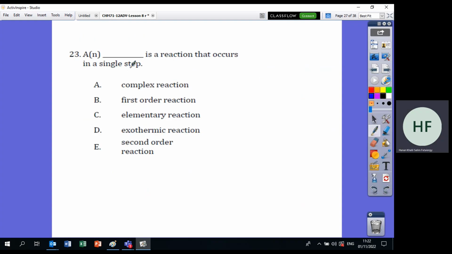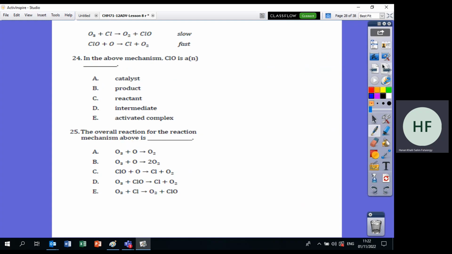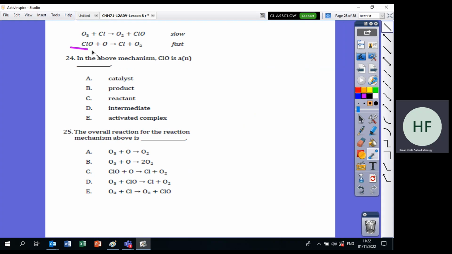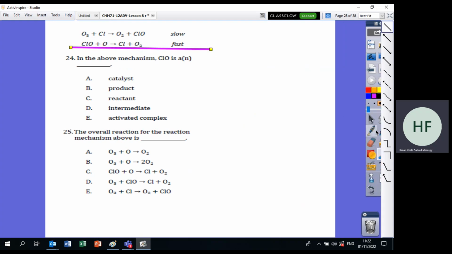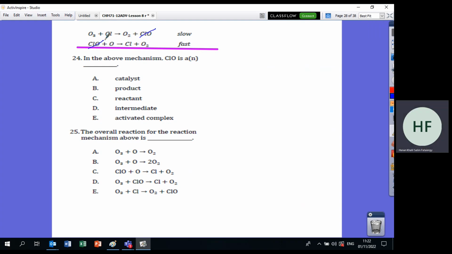A reaction that occurs in a single step, we call it either a simple reaction or an elementary reaction. One step is a simple reaction. Many steps is a complex reaction. That means 2 or more is considered a complex reaction. Okay, same thing here, put a line, cancel what should be cancelled and find the overall reaction.